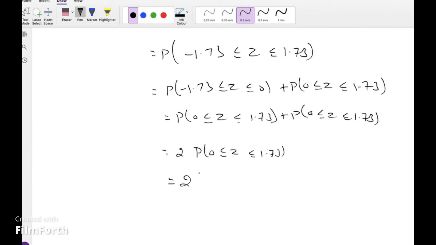From the table, this value is 0.4582, so it is equal to 0.9164. So the probability that the 4 resistances total between 1900 and 2100 is 0.9164.